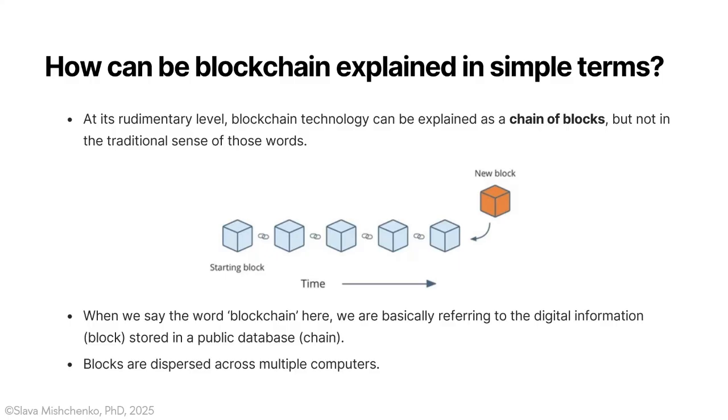And this is fundamental to understand blockchain technology. When I say block, I'm referring to digital information that's stored in a public database, which we can call the chain. You can think of each block as a container holding important transactional data.